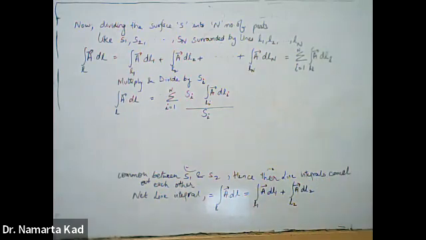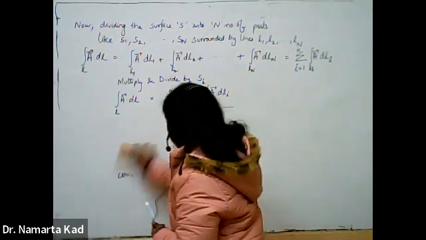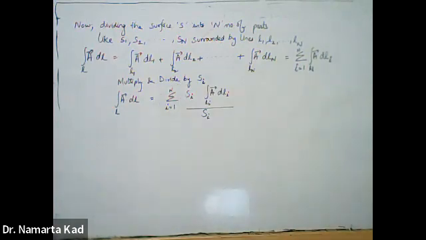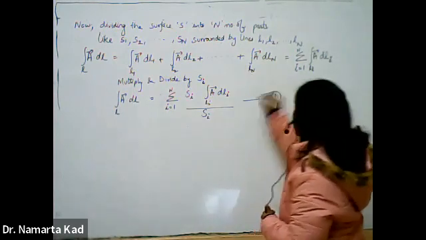That is, we multiply and divide that relation by Si, and mark it as equation number 1.